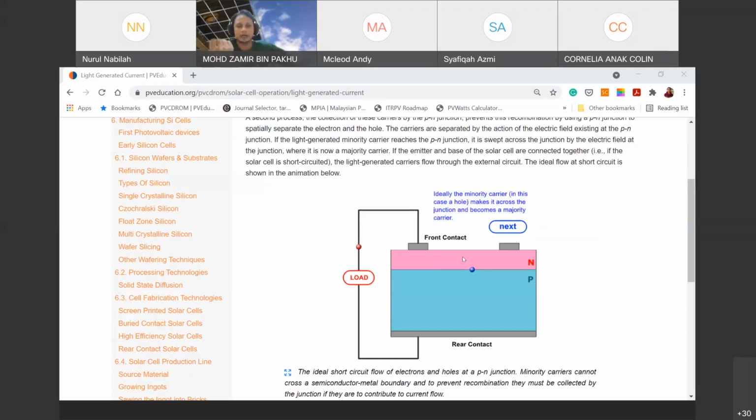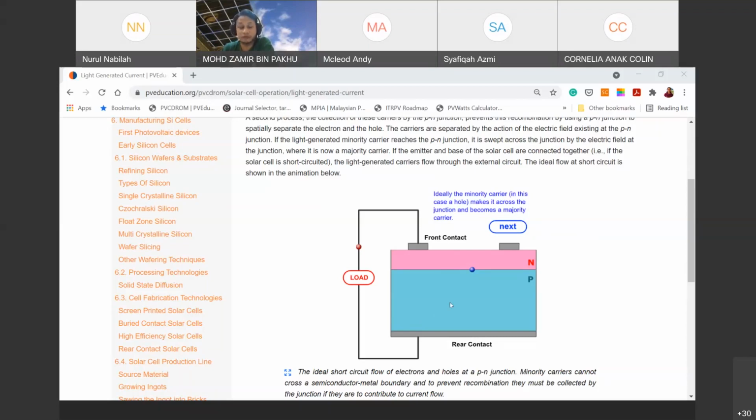On the other hand, at this particular point, a hole is the minority carrier sitting within n-type region, okay, where the majority carriers are electrons. So the probability of recombining is very high. So therefore, in order to be collected, the hole has to cross through the p-n junction to be a majority carrier on the p side, okay?